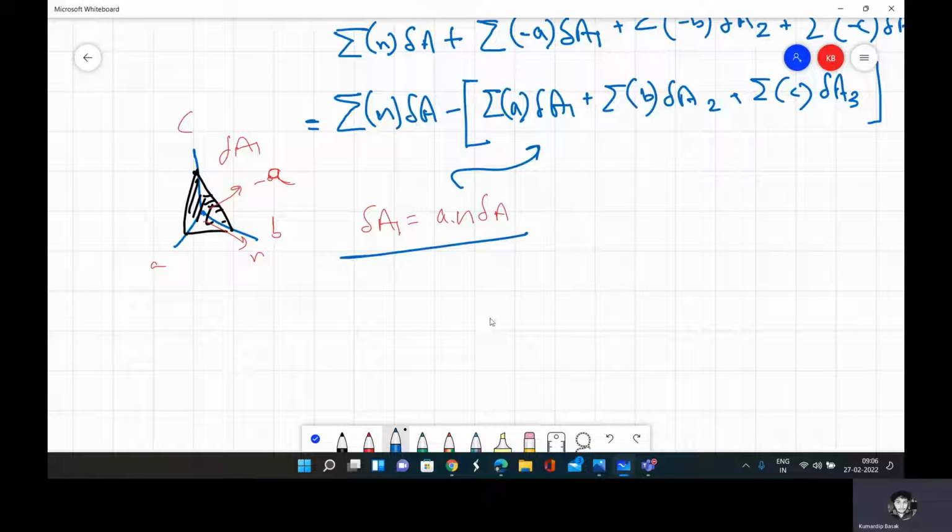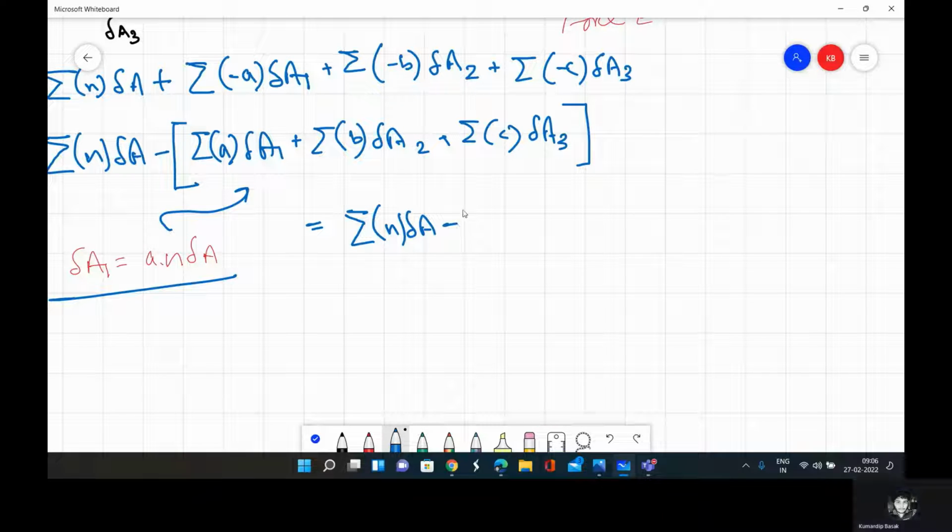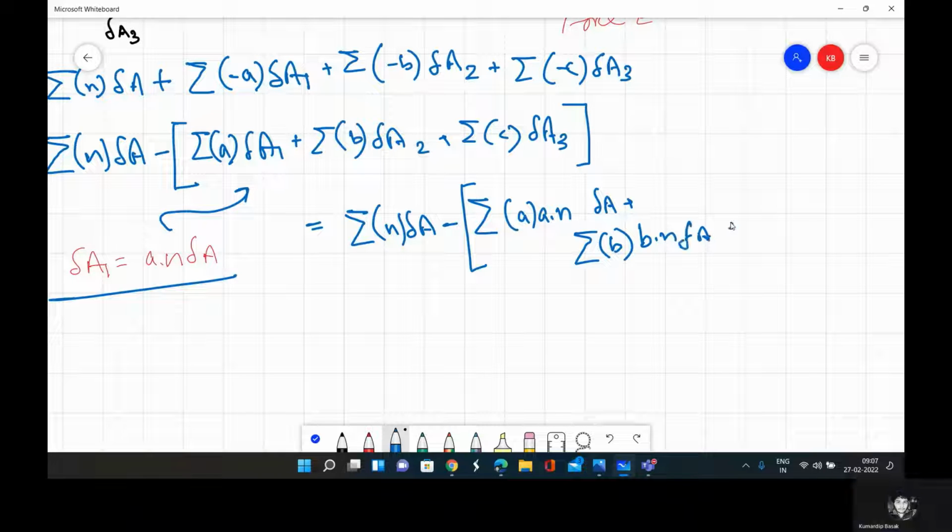What you will get is n dA minus A dot n dA, B dot n dA, C dot n dA.